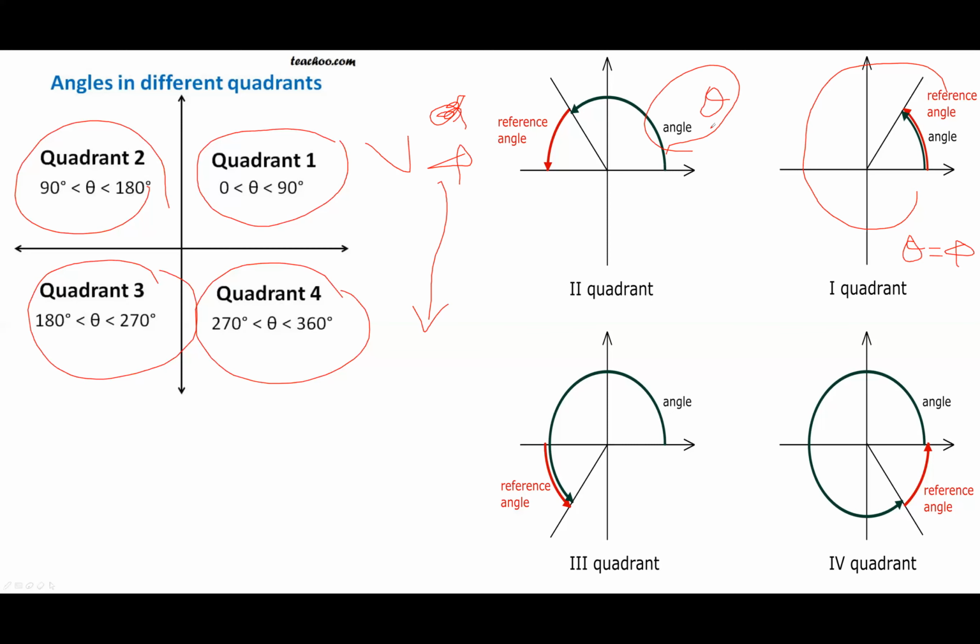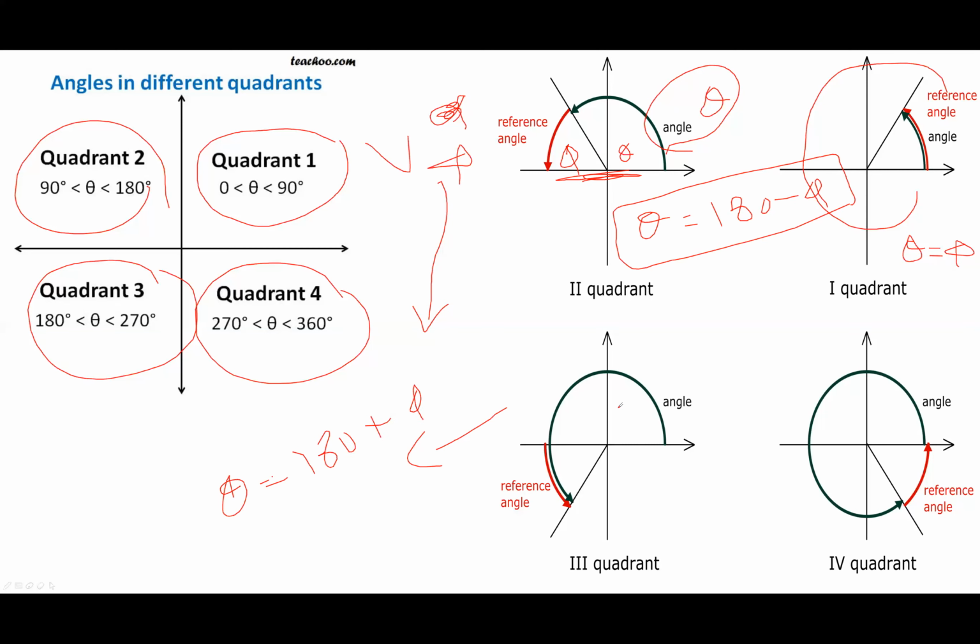So in this case, theta is equal to pi. In this case, theta is equal to 180 minus psi or pi. This is pi and this is theta. This angle is 180. Now in this case, theta is equal to 180 plus pi, because this angle is 180 and this is pi.